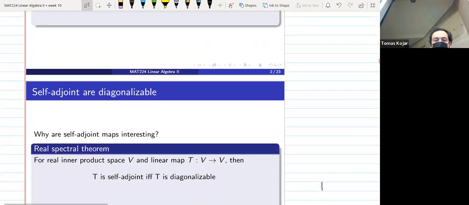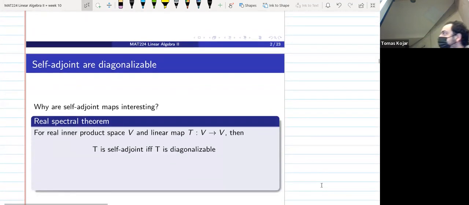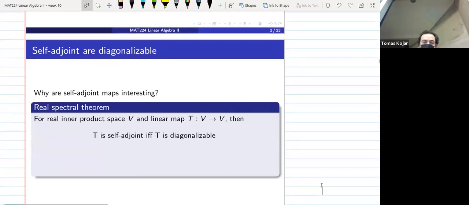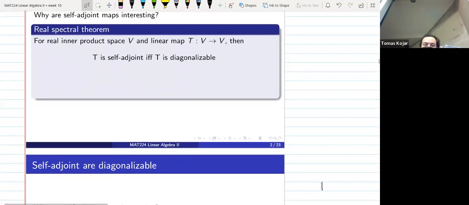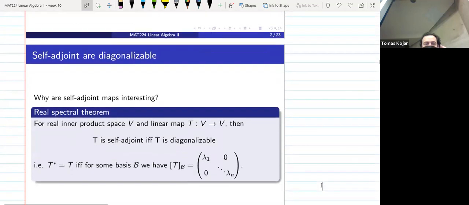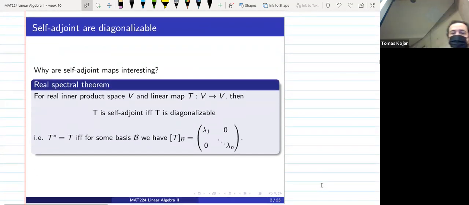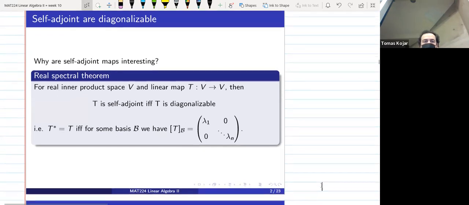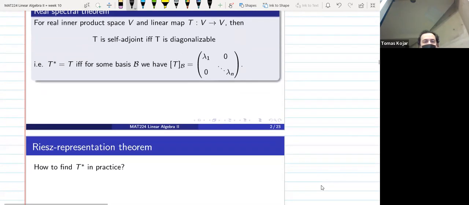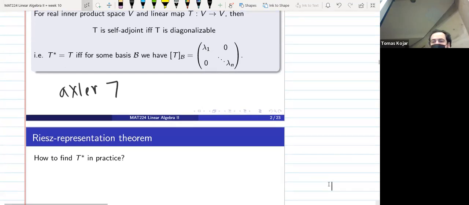Then you have the following: T is self-adjoint if and only if it is diagonalizable. Very nice result. It means that if T star is T, then you can find some basis where your matrix is diagonal. That's the spectral theorem. So read Axler, chapter 7, because it's not in the book.